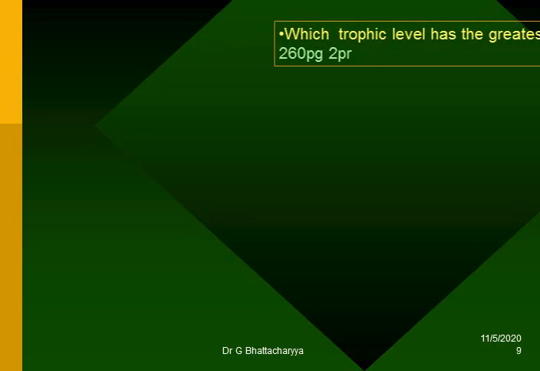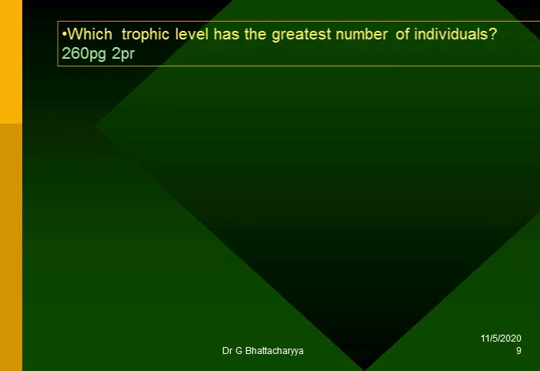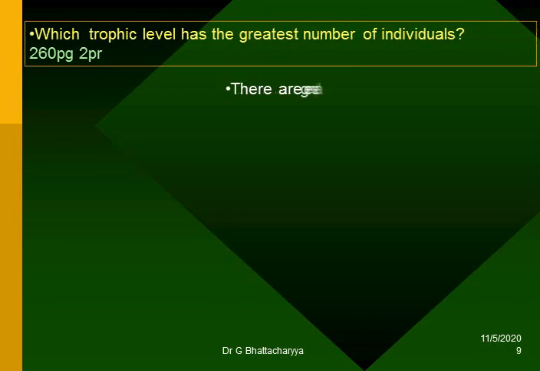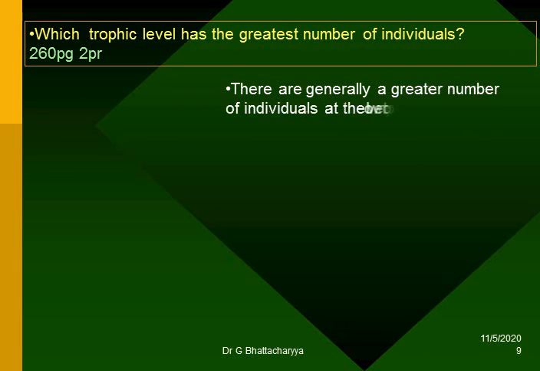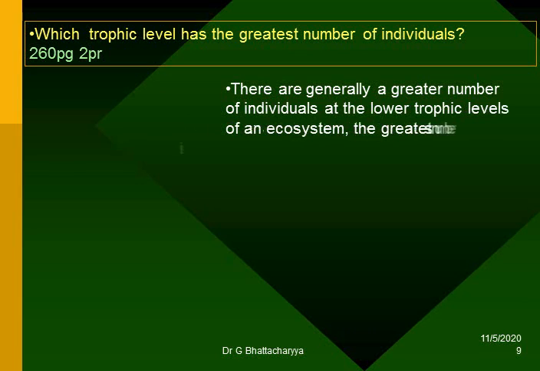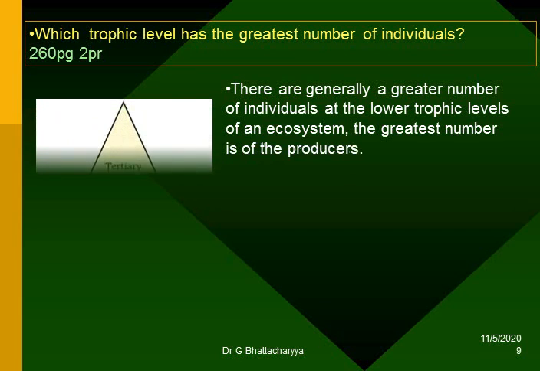Which trophic level has the greatest number of individuals? There are generally a greater number of individuals at the lower trophic levels of an ecosystem. The greatest number is of the producers.